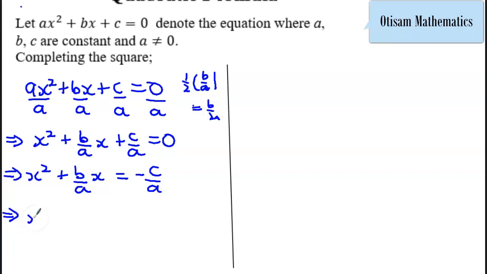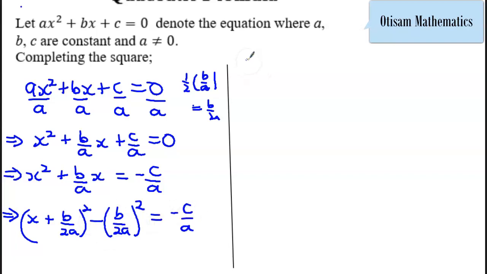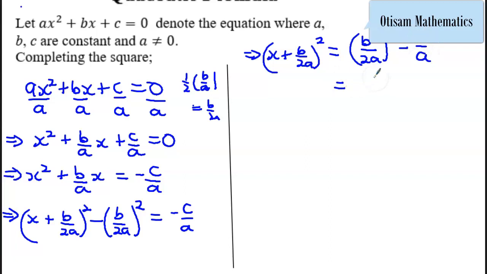So we have x plus b on 2a all squared is equal to b on 2a all squared minus c on a. We can simplify the right hand side, which is b squared over 4a squared minus c on a.